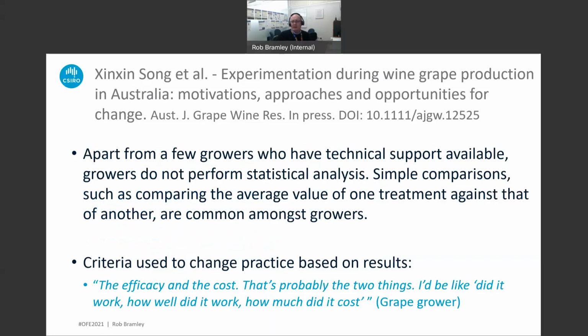And yet, aside from a small number of growers who have technical support available, none of them perform statistical analysis on their experiments. They use simple comparisons to assess the merits of treatments. And in terms of using those trials to underpin practice change, it's things like the efficacy and the cost that are the primary drivers of whether or not they act on the results of an experiment.